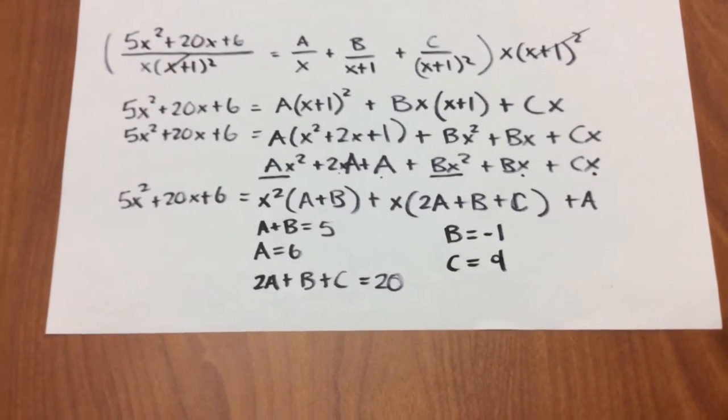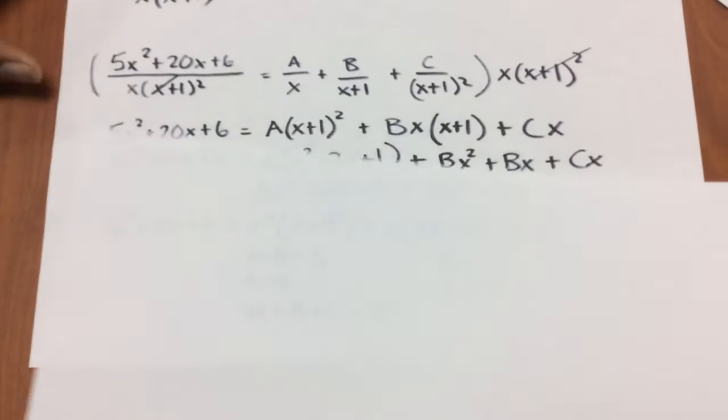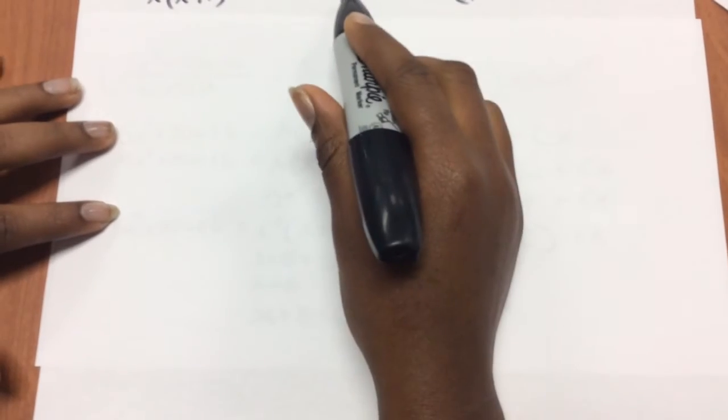Okay, so I've run out of space. We can do our original objective, which is integrating. So I'm going to replace our A, B, and C, and we can start solving.